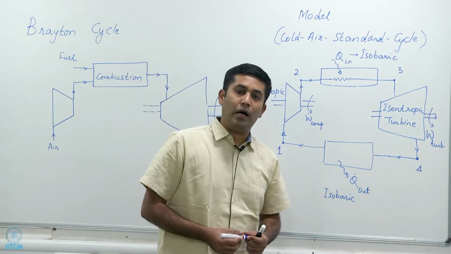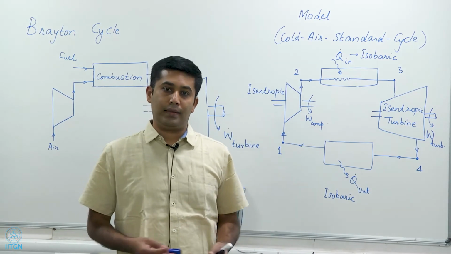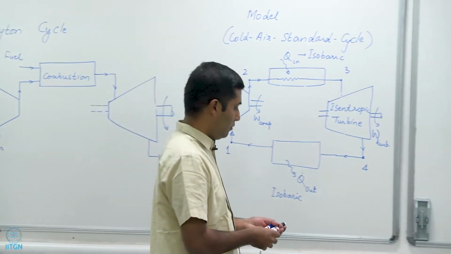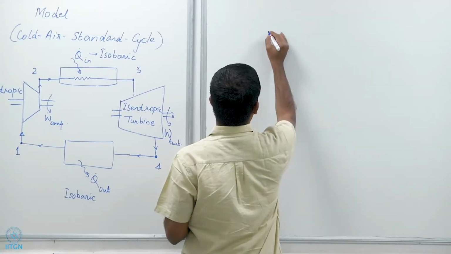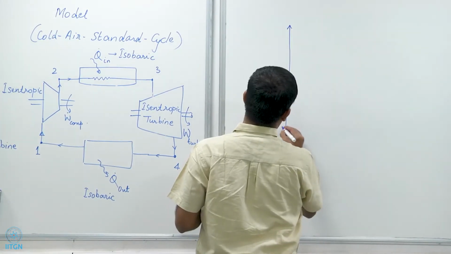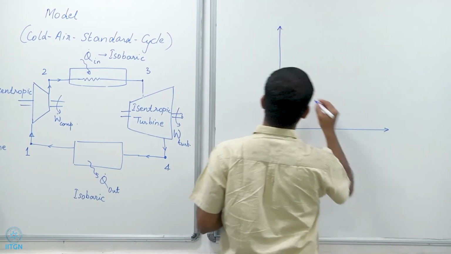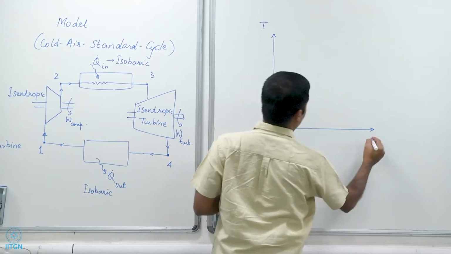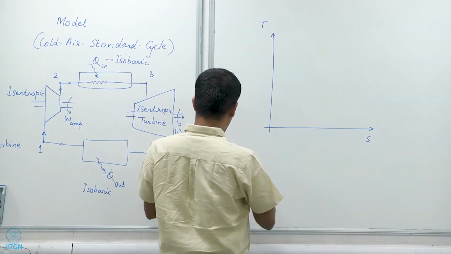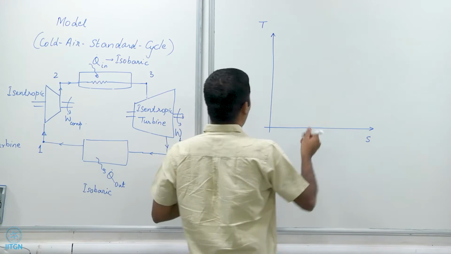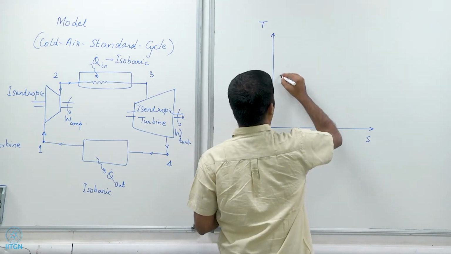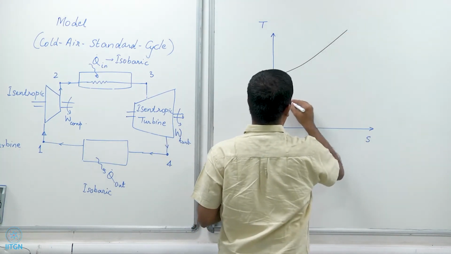So, let us look at how this looks on a TS diagram. Let us assume that these are the isobars.